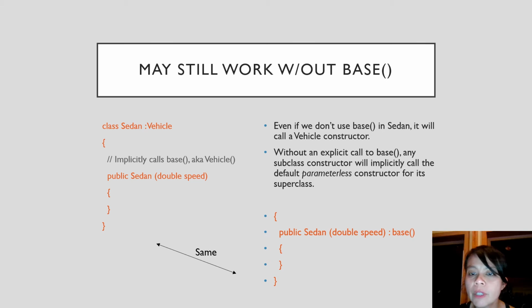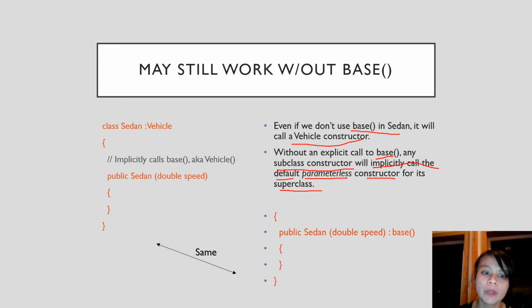So even if we don't use base in sedan, it will still call a vehicle constructor. Without an explicit call to base, any subclass constructor will implicitly call the default parameterless constructor for its superclass.